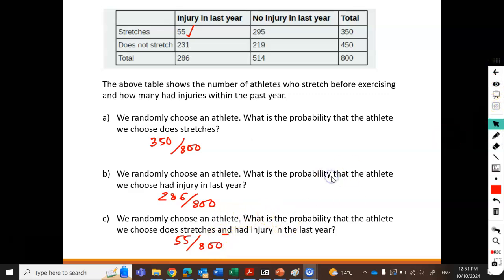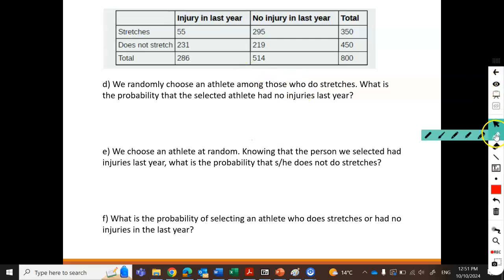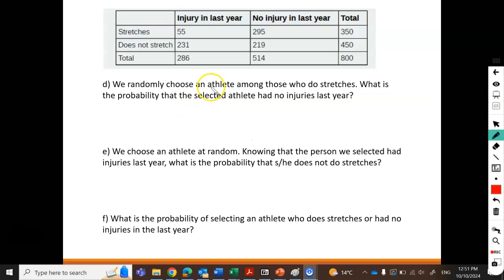Next, we randomly choose an athlete among those who do stretches. What is the probability that the selected athlete had no injuries last year? So we selected the athlete among those who do stretches, and the number who do stretches is only 350.